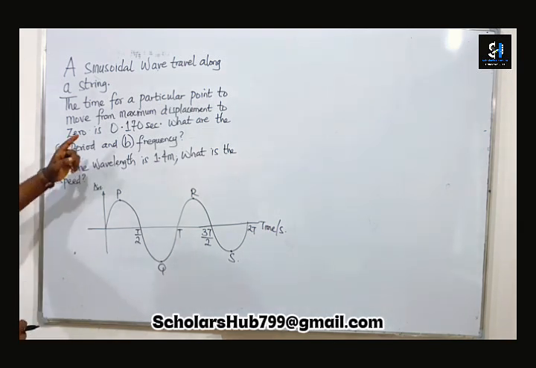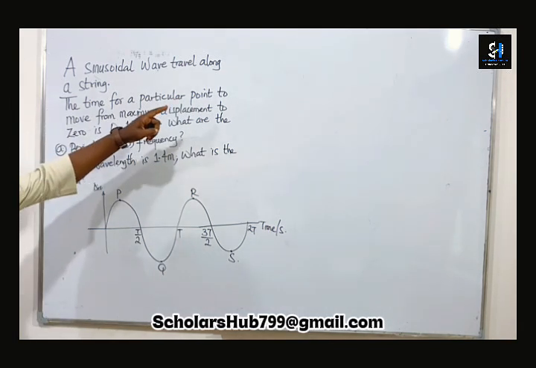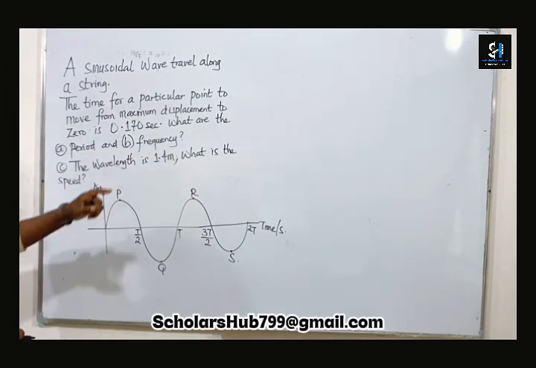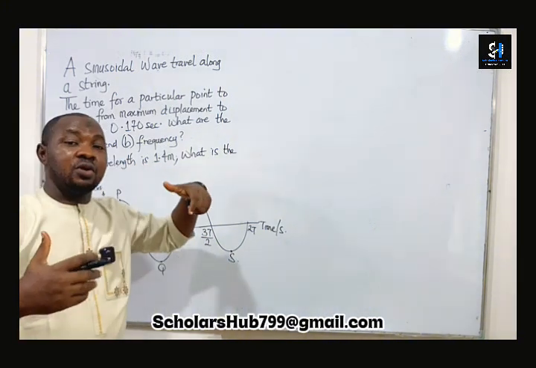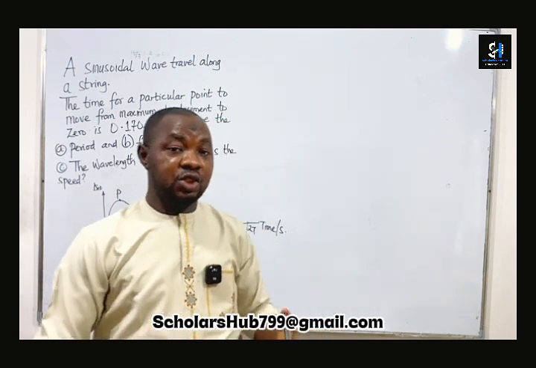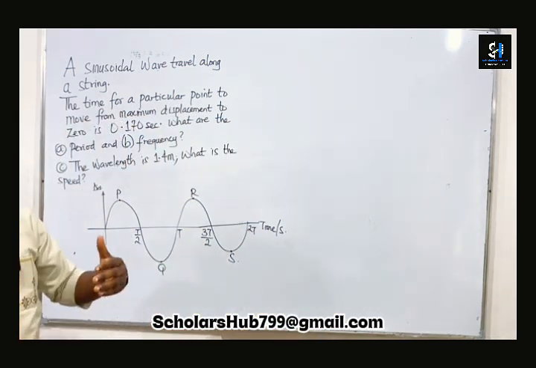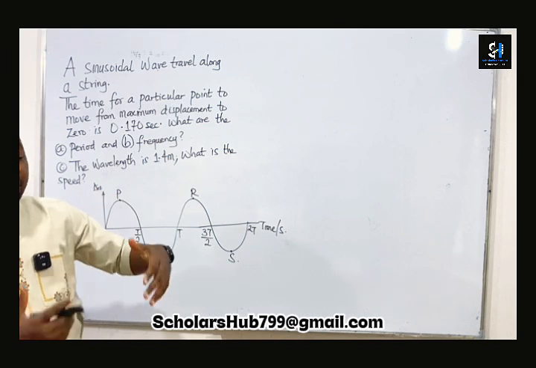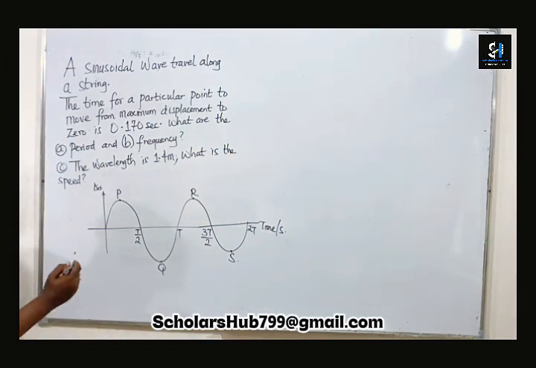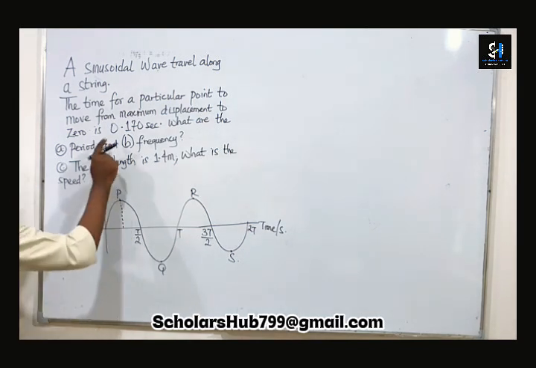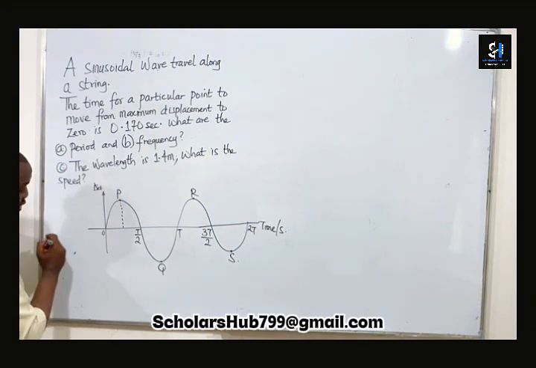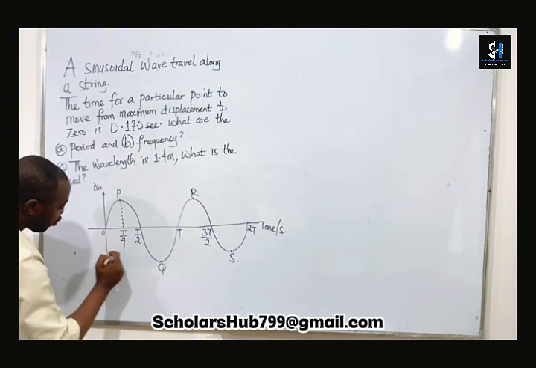According to the question, the time for a particular point to move from maximum displacement to zero. Maximum displacement is the amplitude, which is the maximum displacement from the equilibrium position. So from maximum displacement to zero, this is the origin, the time here will be T/4.